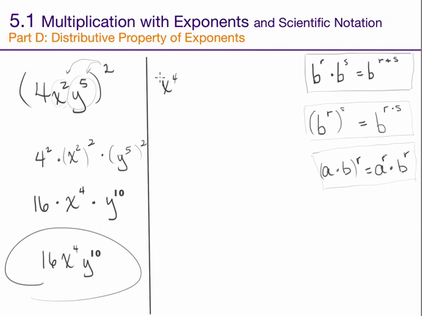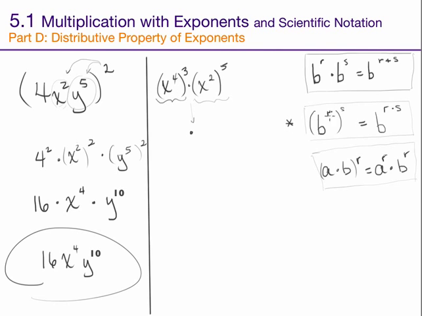X to the 4th raised to the 3 times x to the 2 raised to the 5. This piece here times this piece here. And this piece here uses the power property.